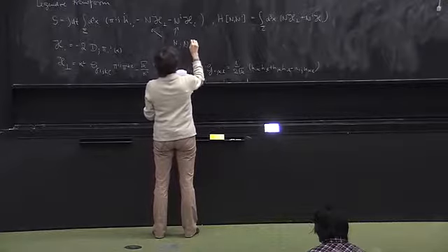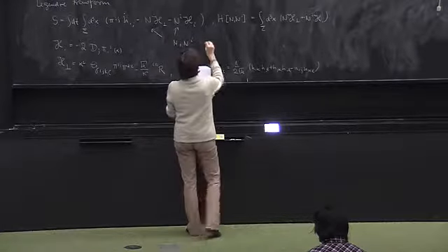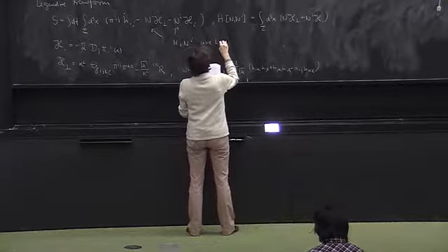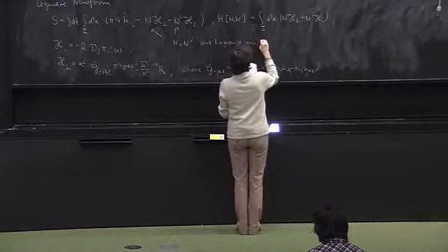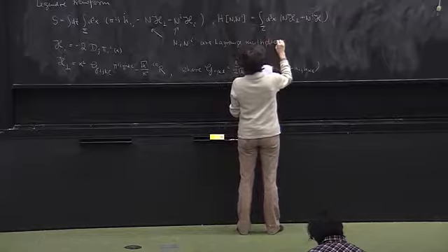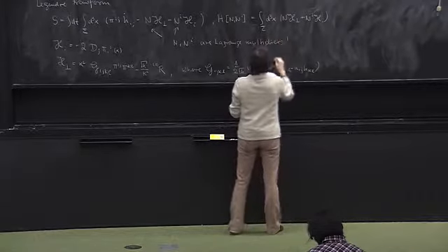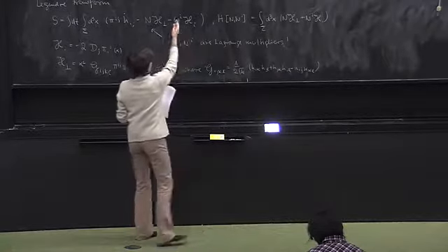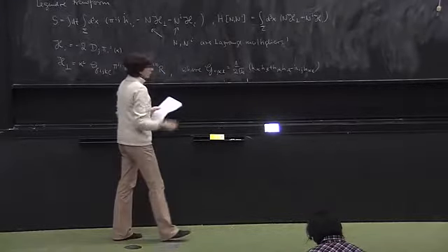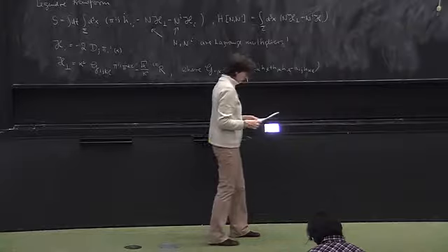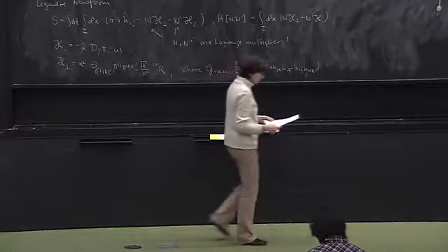N and ni are, of course, arbitrary. They depend on their fields, so they depend, of course, on the space-time points.